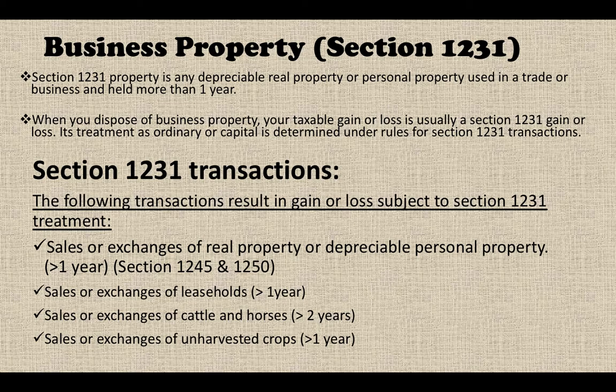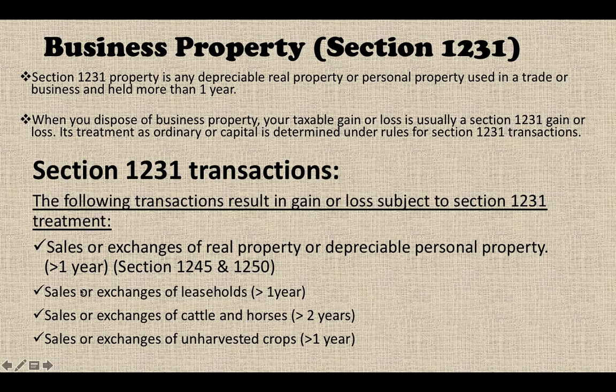I will have examples in other videos to talk about the detail of Section 1245 and 1250 on the taxes, on the gains and losses. Also understand that Section 1231 is not just property under 1245 and 1250.